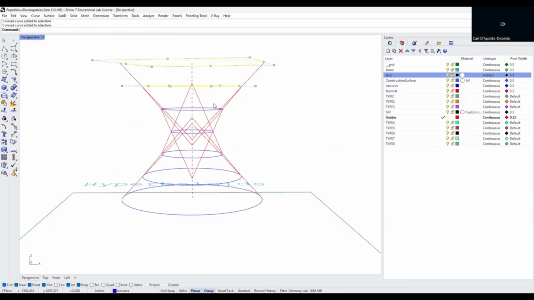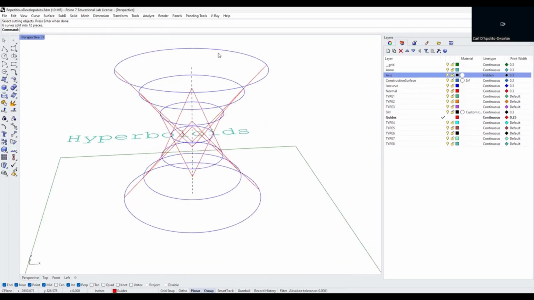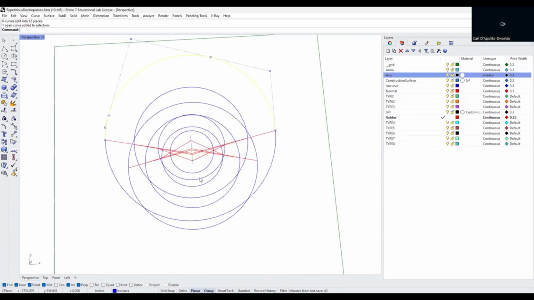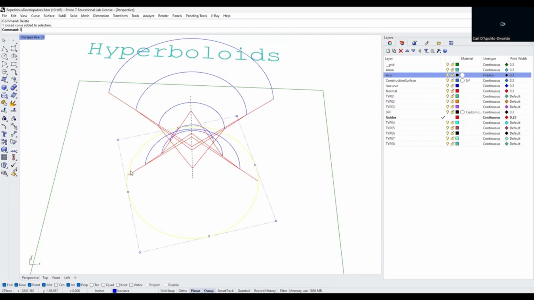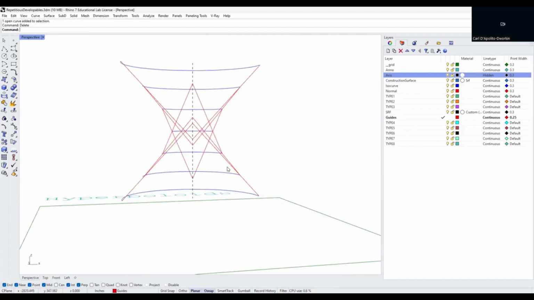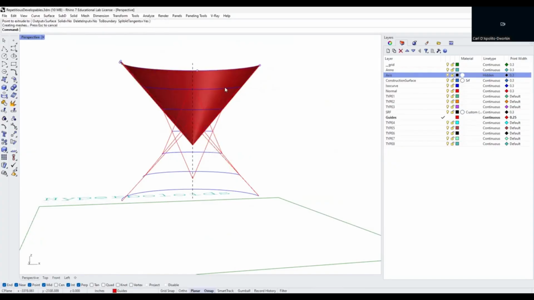And then I'm going to split these curves in half. I don't really have to do that. I just find that Rhino screws up less if I'm doing half. Okay, and then I'm just going to delete half. Okay, and then I'm just going to extrude them to their points.